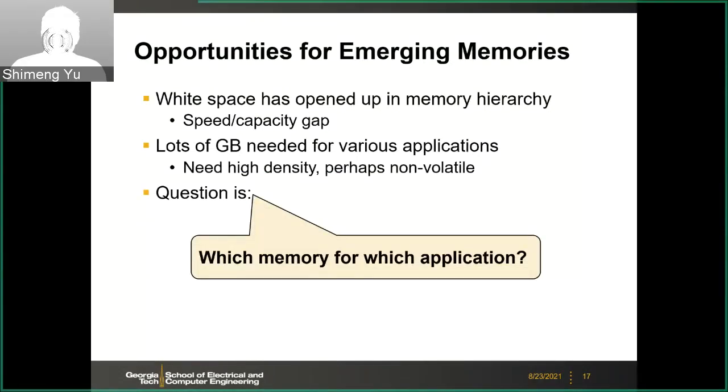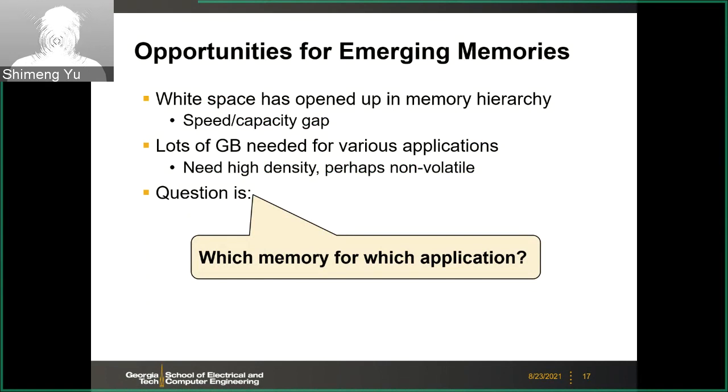This opens opportunities for emerging memories because we see those gaps. If we can invent a new technology to fill in those gaps, then you can make the whole system's performance more balanced. As long as you introduce more levels in the memory hierarchy, you will have more balanced and smooth performance of the whole system.